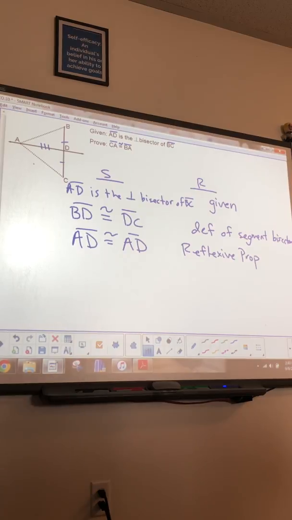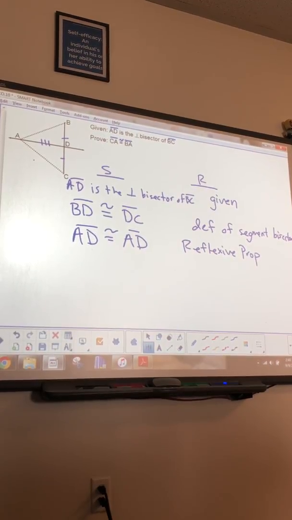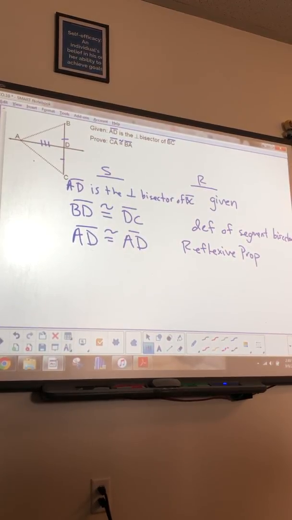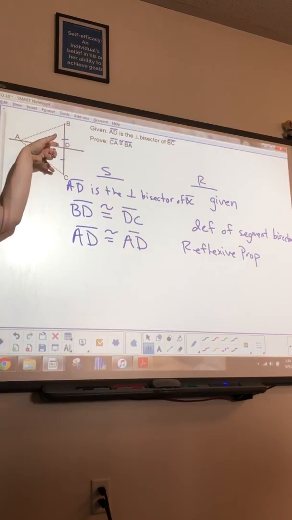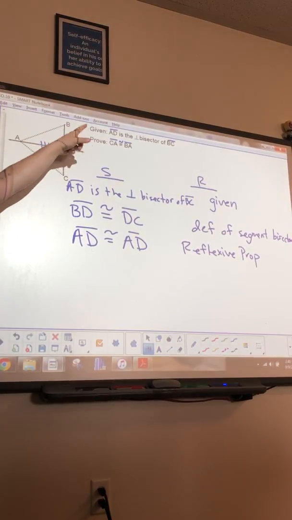You could do the angles. Why do I know that angle ABD is congruent to angle ACD? Because of the bisector. It's not an angle bisector though. It's a segment bisector, which just tells me they're the same length. This is a special kind of bisector.